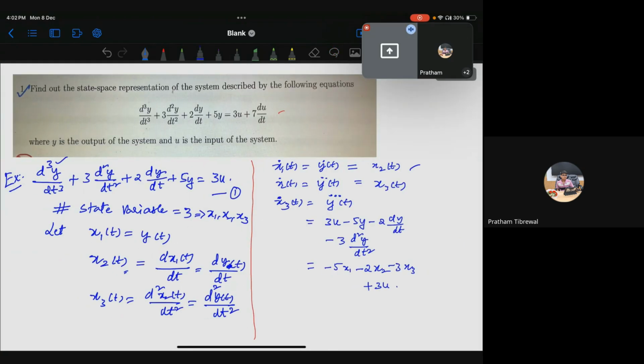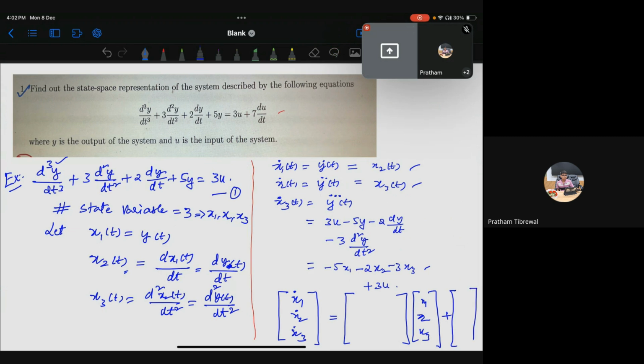Now look at these equations. How can we put these three equations in matrix form? x1 dot, x2 dot, x3 dot equals a matrix times x1, x2, x3, plus we have a single input u. Can you tell me the matrices?